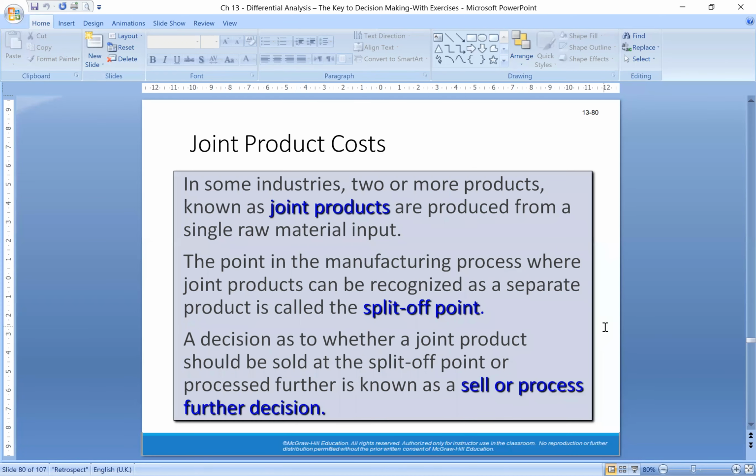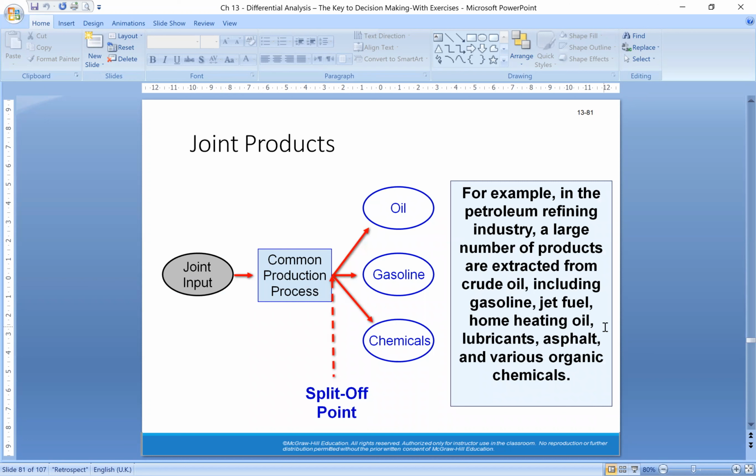Look at this example. What is the joint input here? If we produce oil, gasoline, and chemicals from that input, what will be the joint input for the example? The raw oil.